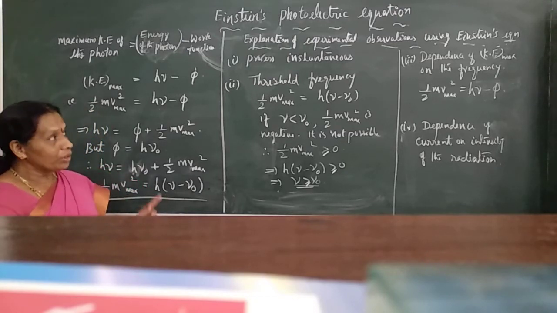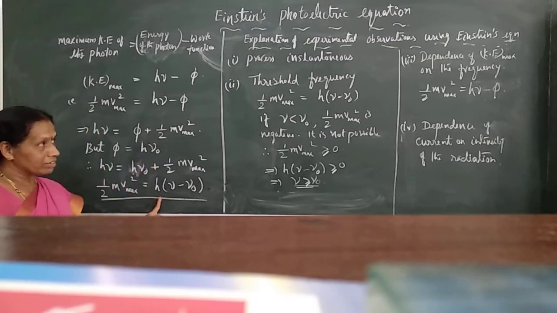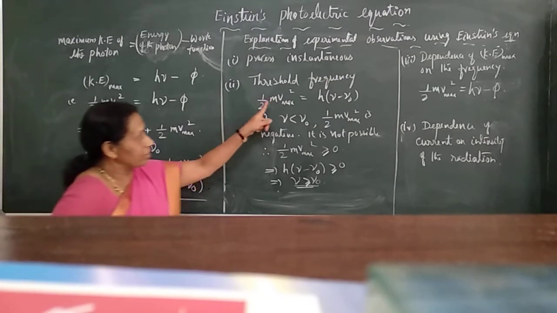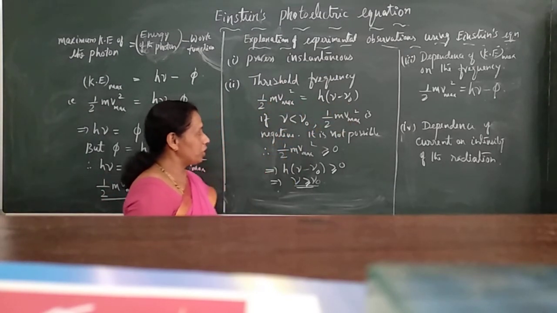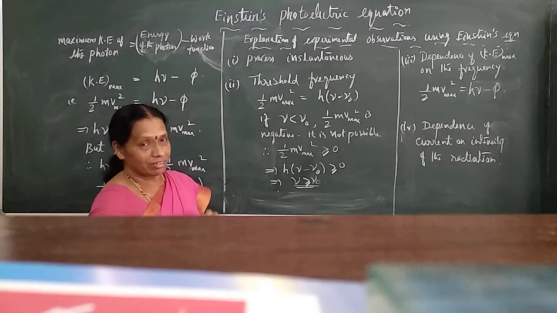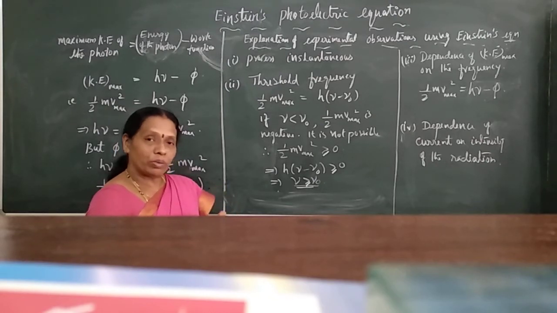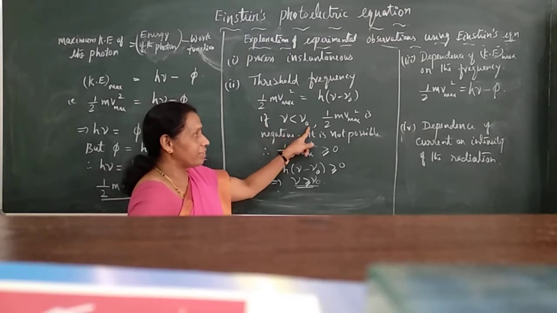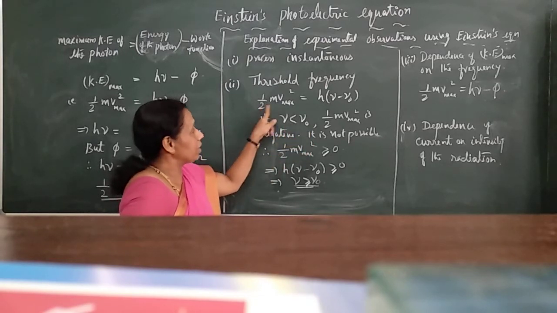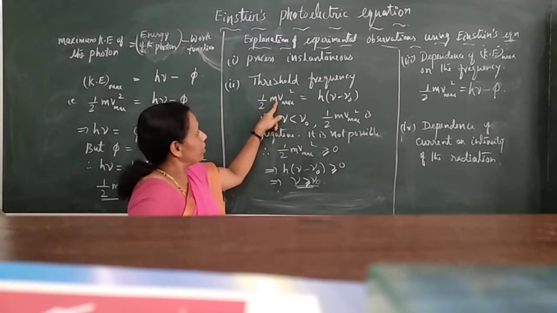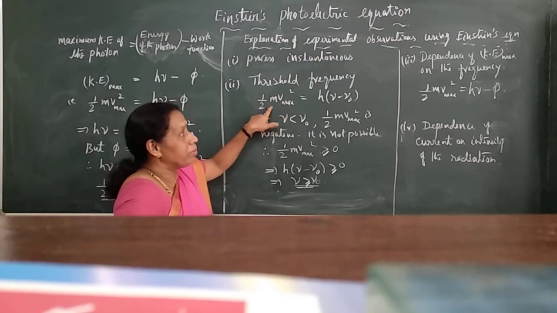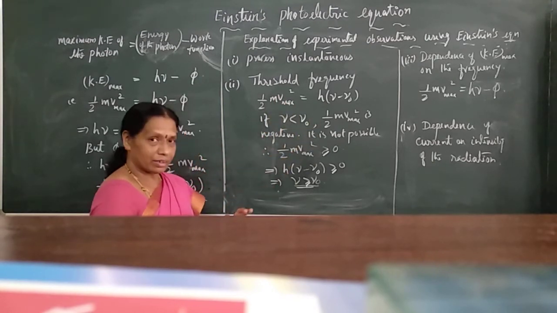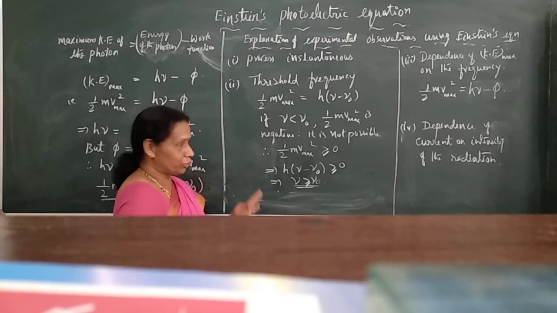Let us see how this equation explains the threshold frequency. This is Einstein's photoelectric equation. Suppose the incident radiation has a frequency less than the threshold frequency, that is, nu is less than nu naught. Then as per this equation, the maximum kinetic energy becomes negative. But kinetic energy cannot be negative, it should always be positive.